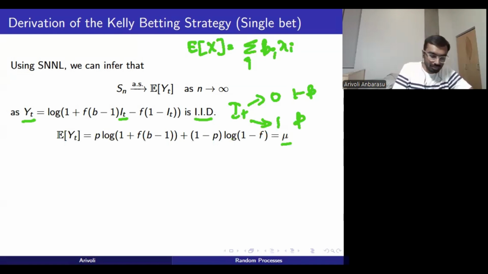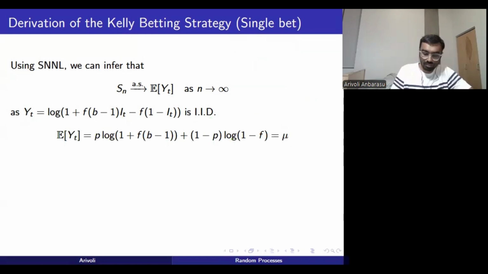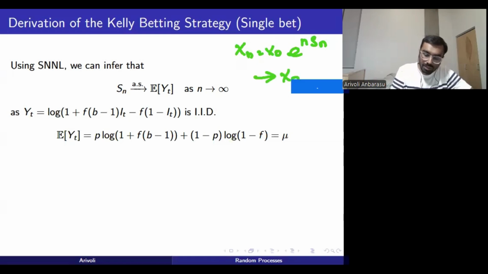So we have xn equal to x naught times e to the power n Sn. And the strong law says that Sn will be the true average for large n. Then xn tends to x naught times e to the power n mu for large n.